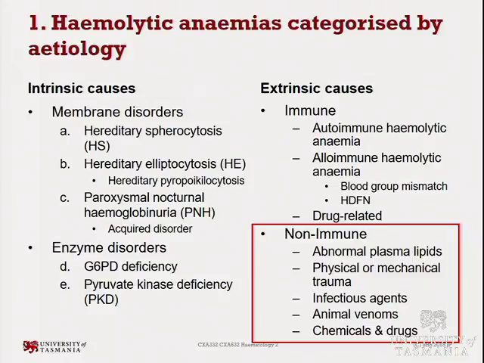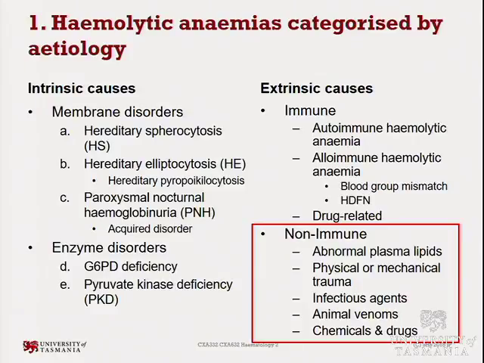Alloimmune hemolytic anemias involve antibodies that are directed against other, and they usually involve some sort of blood grouping mismatch between either recipient and donor of a transfusion, or between the fetus and mother, as in hemolytic disease of the fetus and newborn.